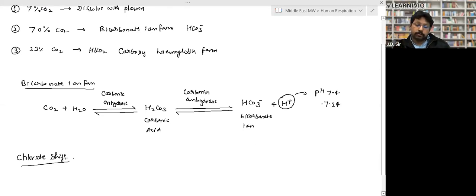So bicarbonate ion reduces the pH value of blood. So deoxygenated blood has a lower pH value than normal blood.